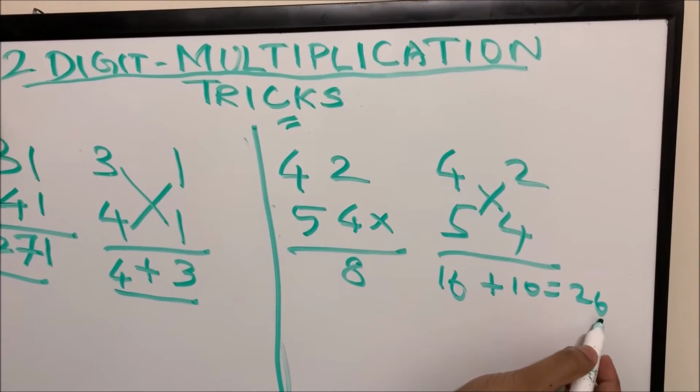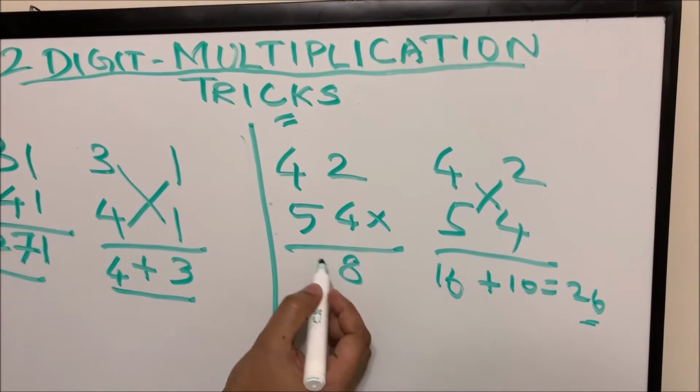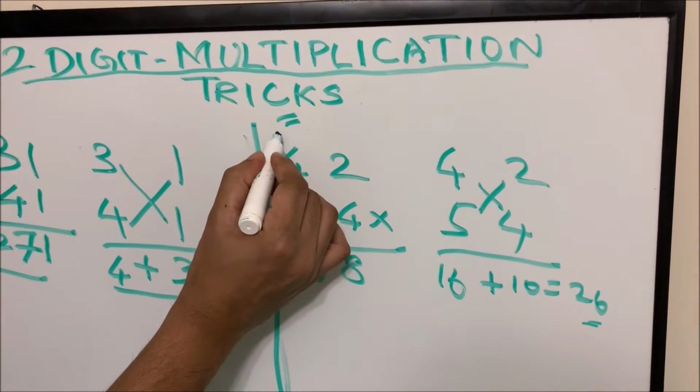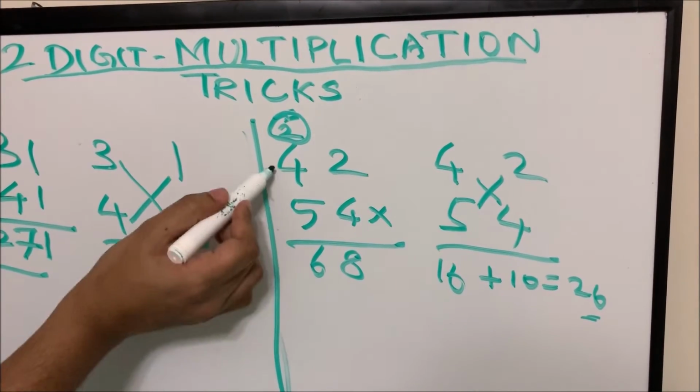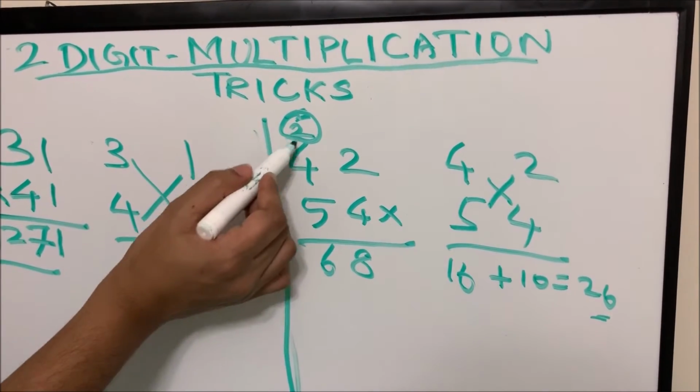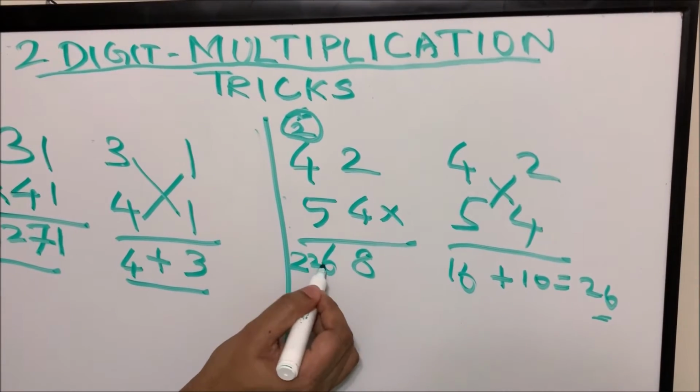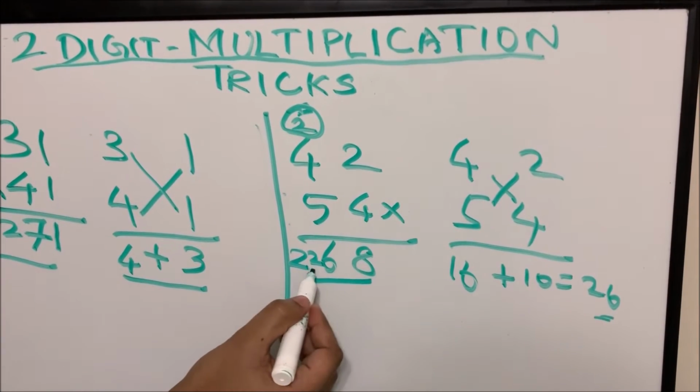Now since this is two digits, I am writing the 6 here and carrying over the 2 here. Now multiplying 4 and 5, 4 fives are 20, 20 plus 2 is 22. So the answer is 2268.